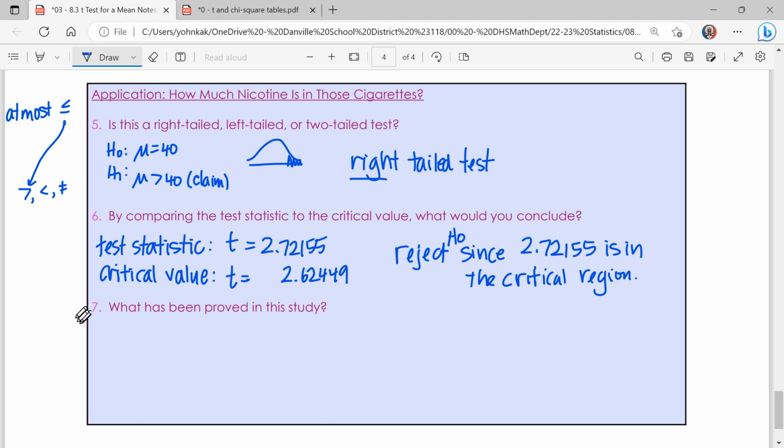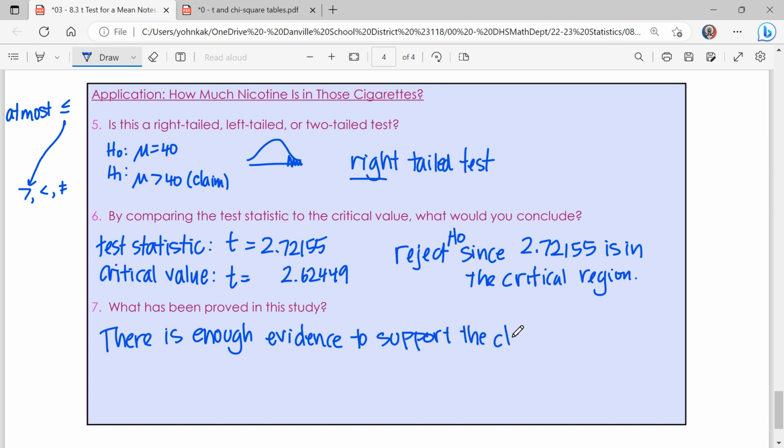So, what has been proven in this study? Well, our ending sentence, if we reject the null and our claim is the alternative, is that there is enough evidence to support the claim that the average is greater than 40, that the mean is greater than 40.